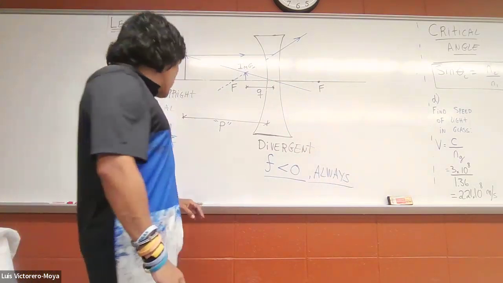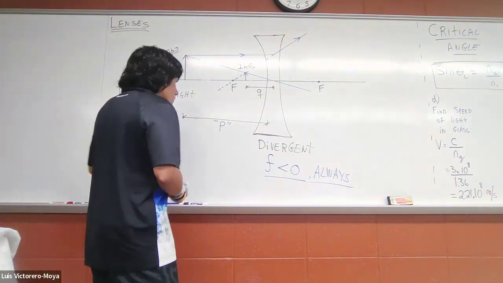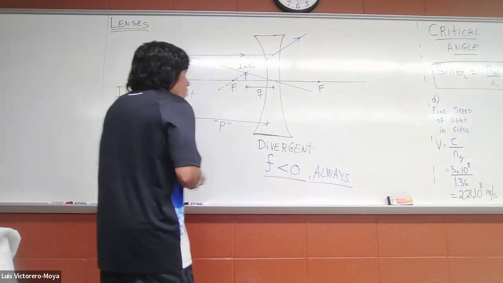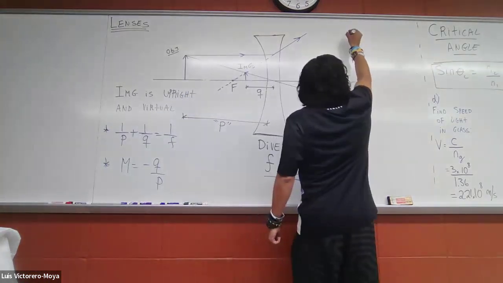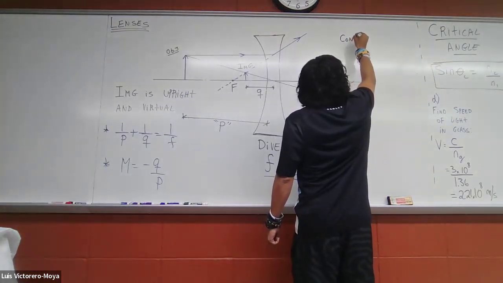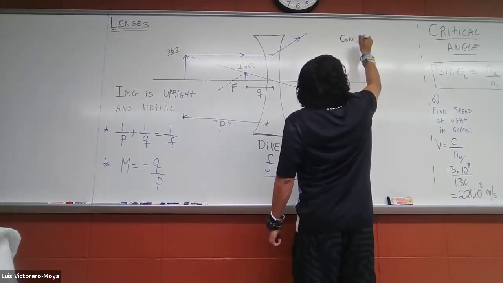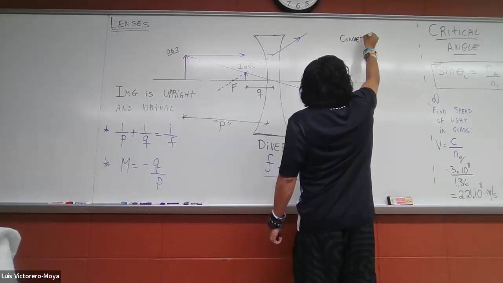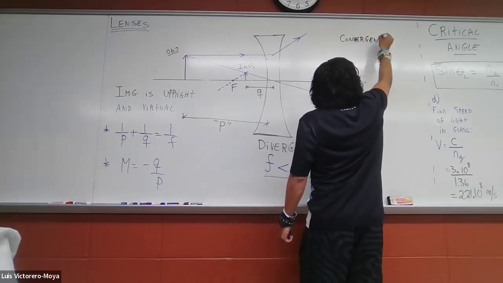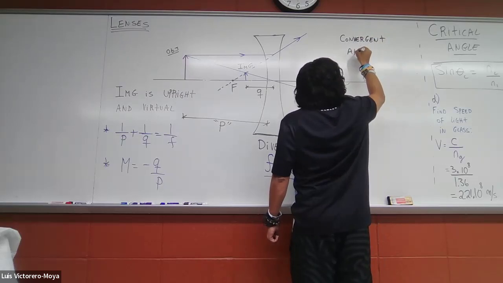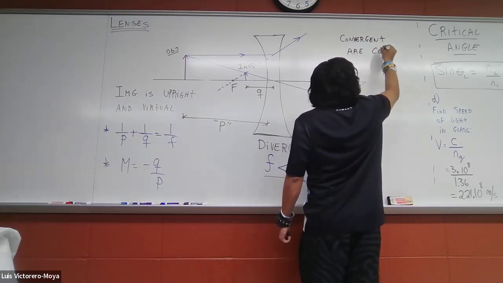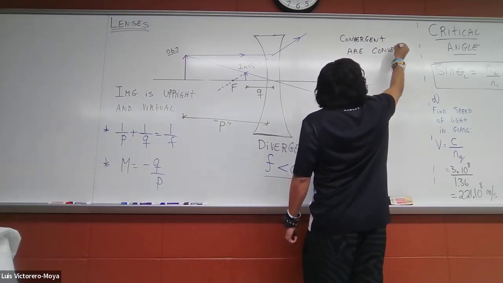So let's write that in here. Convergent are convex lenses.